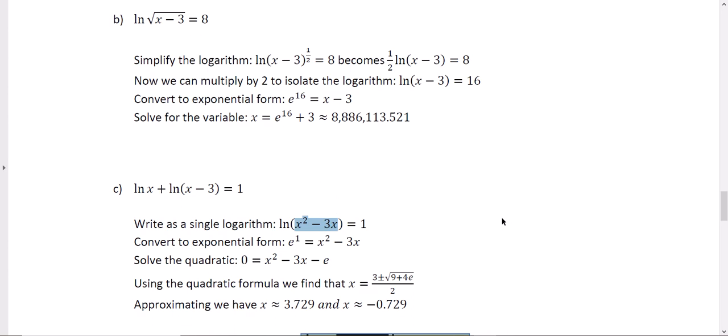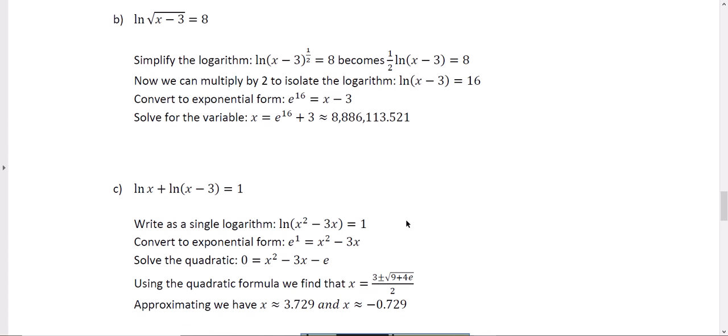If you are adding natural log of x plus the natural log of x minus 3, since they have the same base, that becomes the natural log of x times x minus 3. And x times x minus 3 becomes x squared minus 3x. Again, I write the equals 1 because I like to keep the equation together so I don't forget what it is that I'm doing.